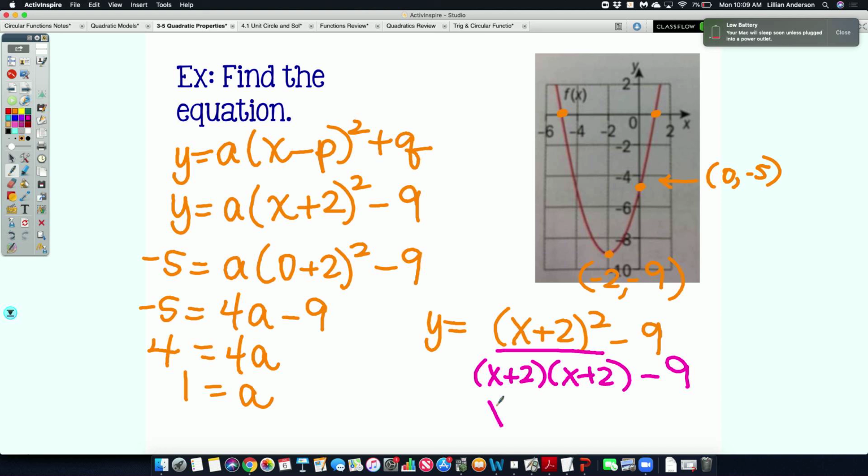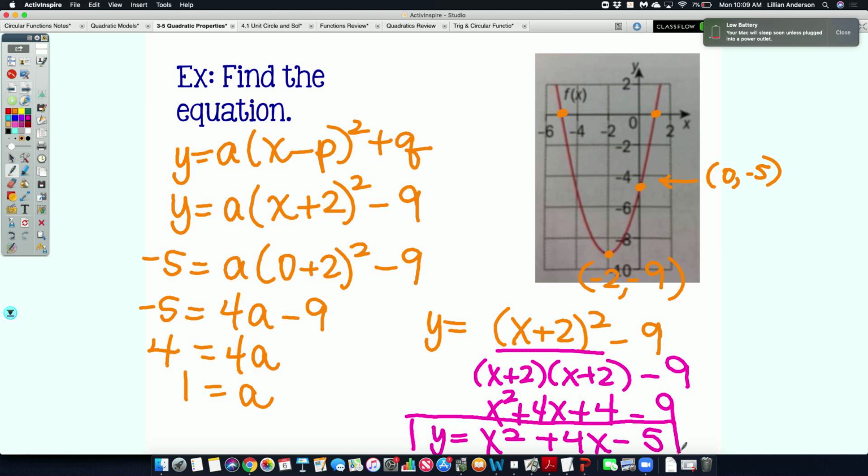So you FOIL that out, that'll give you x squared plus 2x plus 2x, which is 4x, plus 4 minus 9. And then, of course, you combine like terms. So in general form, your quadratic is x squared plus 4x minus 5. And that does hold true that our constant, our c, our y-intercept is -5, which it was.